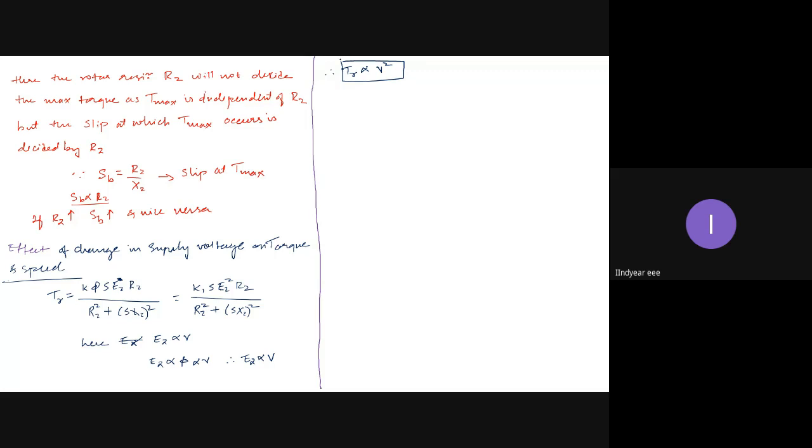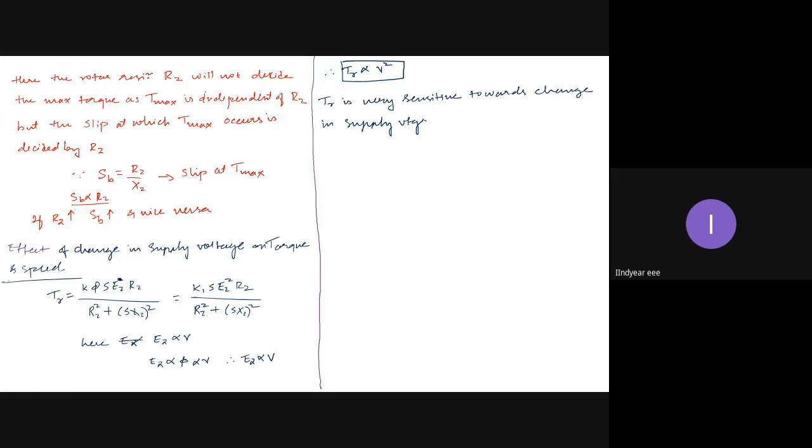So what we can see here is TR is very sensitive towards change in supply voltage. I have told TR is proportional to V square, but that doesn't mean that torque is proportional to 400 square.